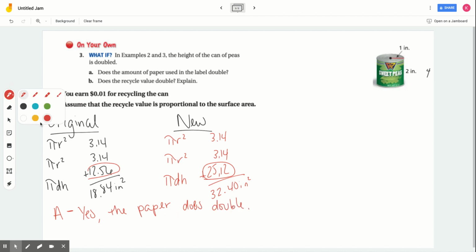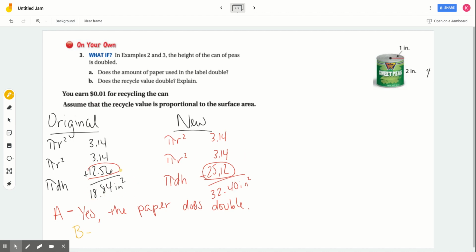Now for question B, it says, does the recycle value double? And explain. For part B, I'm going to leave my answer down here, but we earned 1 cent for recycling 18.84 inches squared. If it's considered proportional, that value is going to increase for the same size.